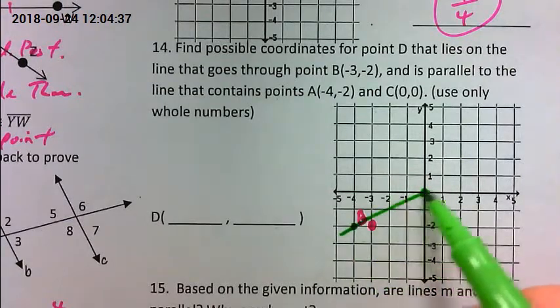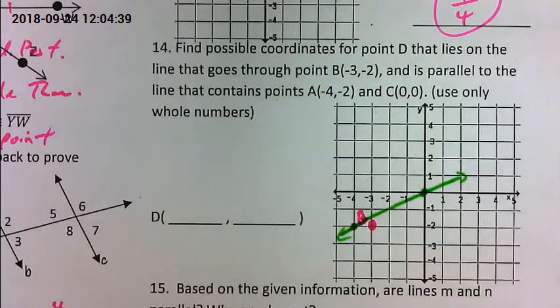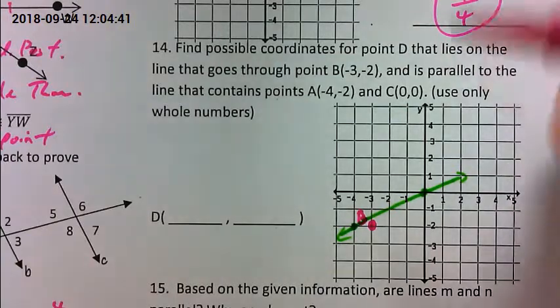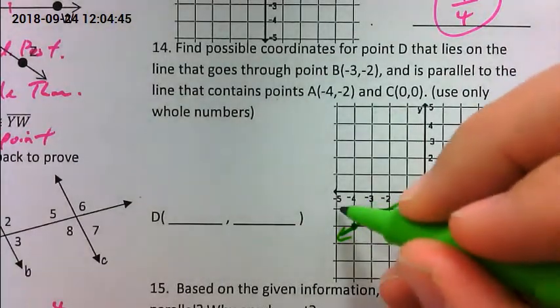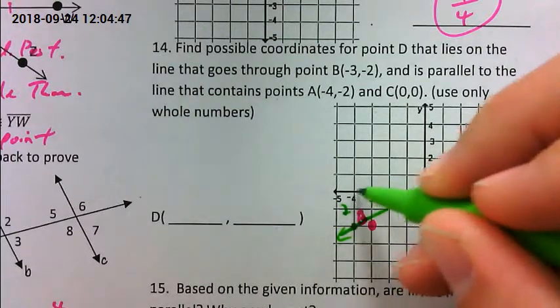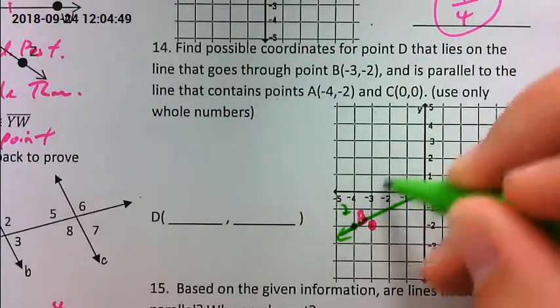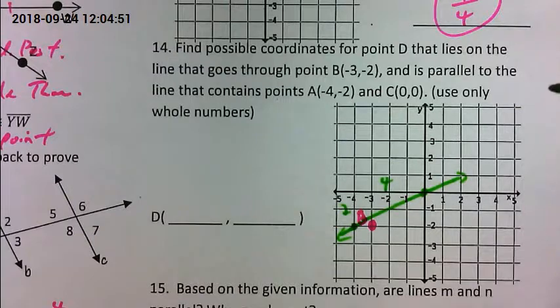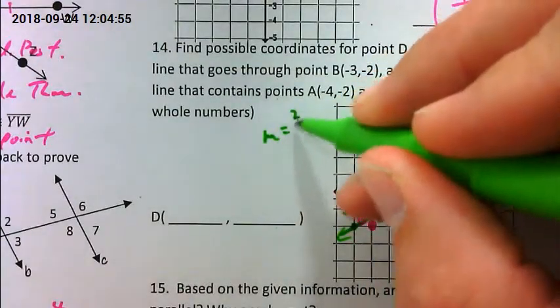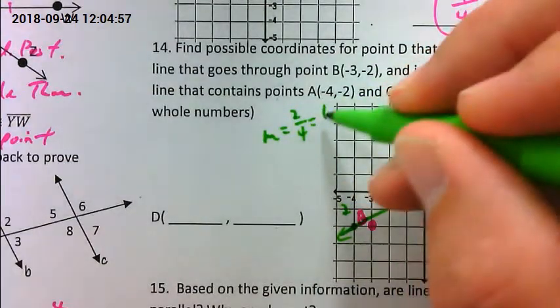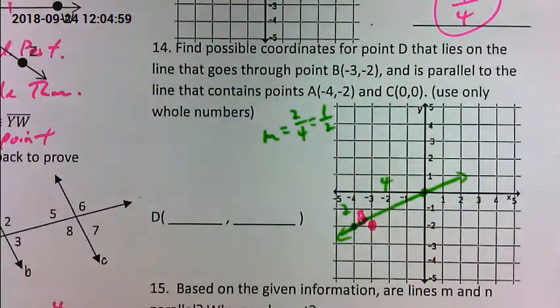So that's my line, right? My slope for that line is going up 2 and over 1, 2, 3, 4. Right? So my slope is 2 over 4 or 1/2.